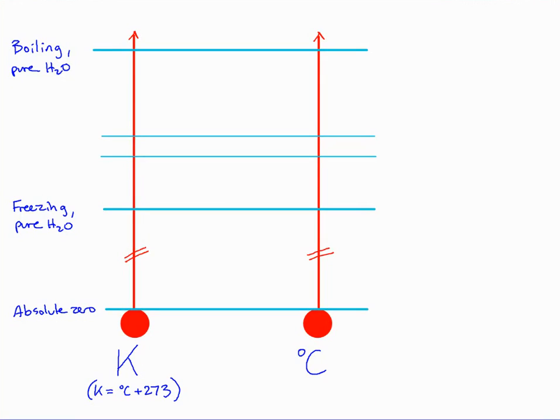I have two thermometers that I drew here. One is in terms of Kelvin, one is in terms of degrees Celsius. Now there's a lot of overlap. If you have a temperature in Kelvin, it also has a temperature in Celsius. The difference is how are we expressing it, how are we writing it, how are we measuring it. So let's look at a few temperatures that we know.